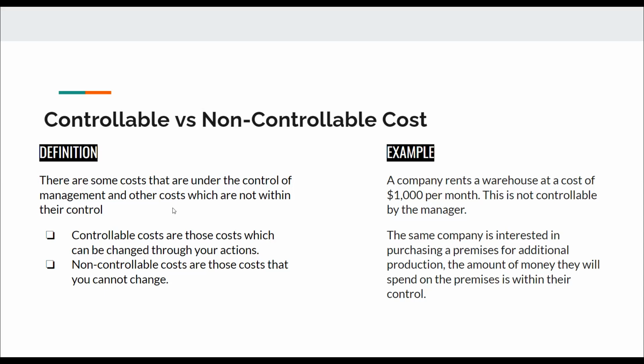They could determine, all right, our budget to buy premises is 1.5 million, and we're not spending more than 1.5 million. That's within their control. They could set the price that they will be willing to expend on purchasing the premises. But what they can't change is the cost of the rent for the warehouse. That's non-controllable. Make sense?